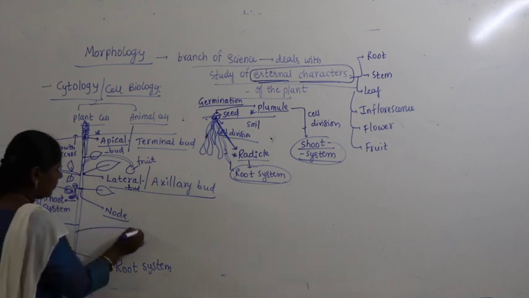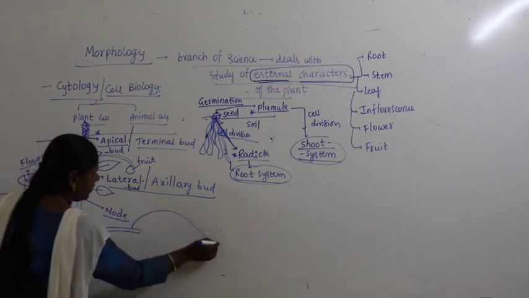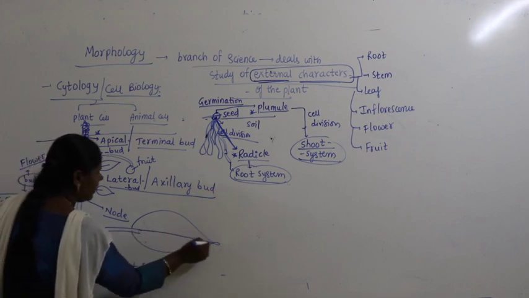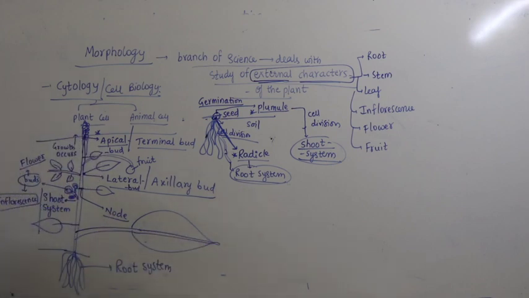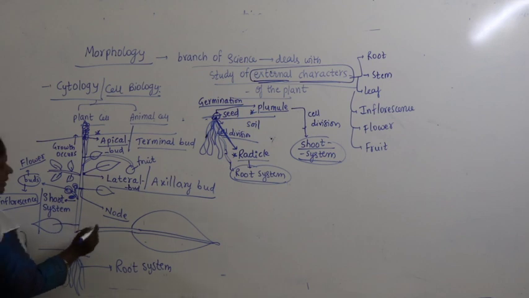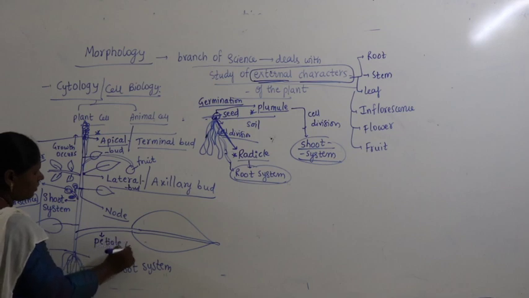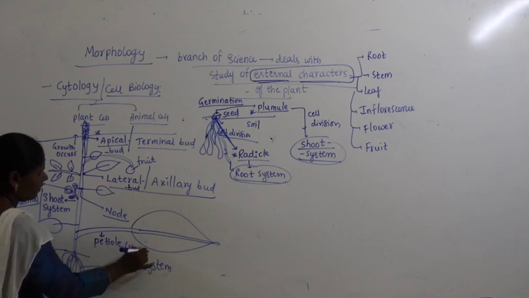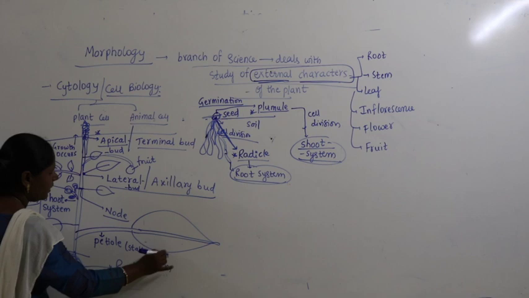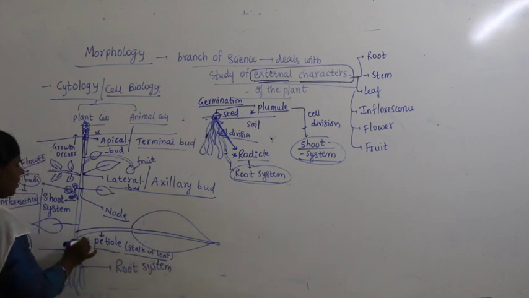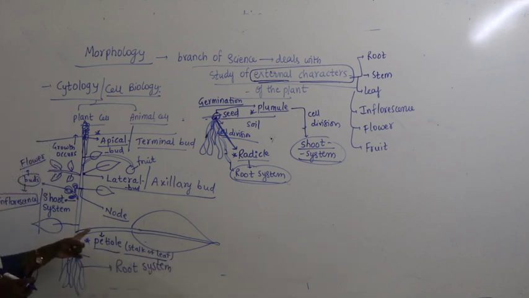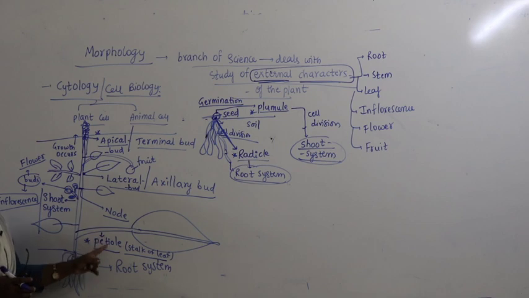Now, let us talk about the leaf. This is nothing but the leaf. Right. The stalk of the leaf is called petiole. The petiole is nothing but the stalk of the leaf.